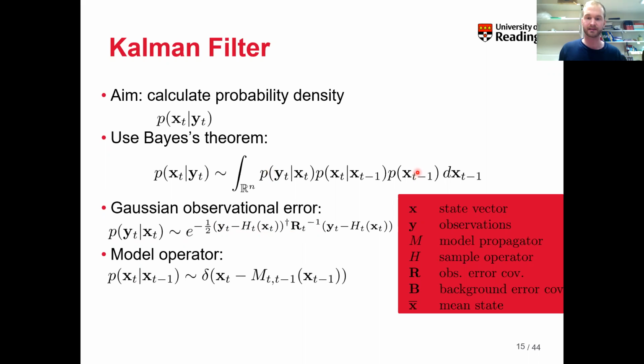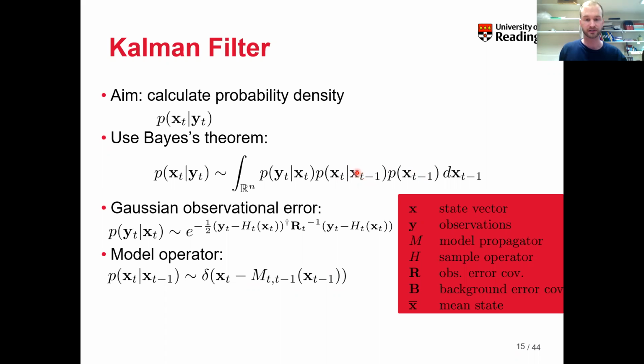This probability is your background probability. So it's the probability that a certain ocean state was the true ocean state at the previous time step. And then there is the Markov chain assumption, which gives you the probability that your current model state is the true model state given the previous model state.